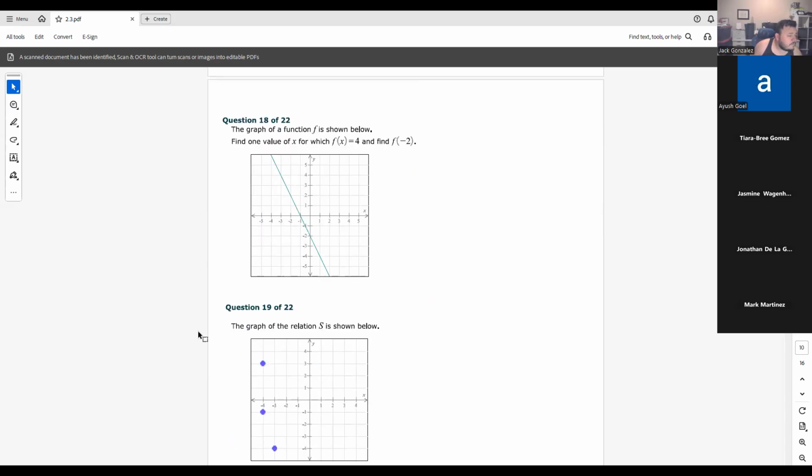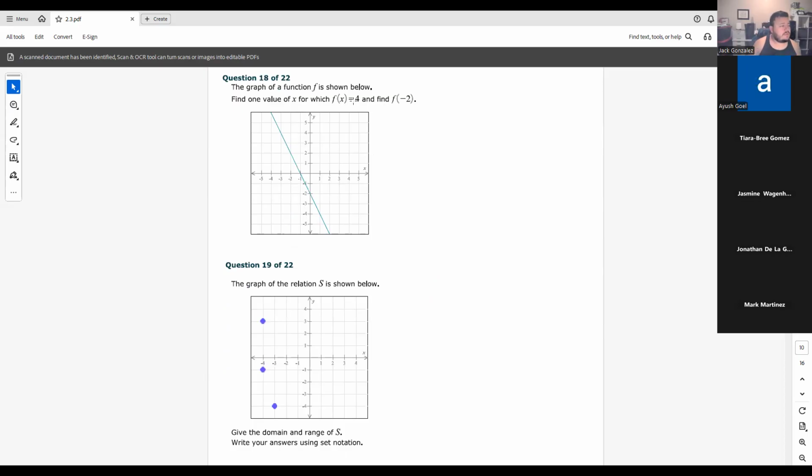Okay. So now they're asking, do you understand what f of negative 2 or f of x equal to 4 means if you have a graph? What does this mean again? Just did it a whole bunch, right?